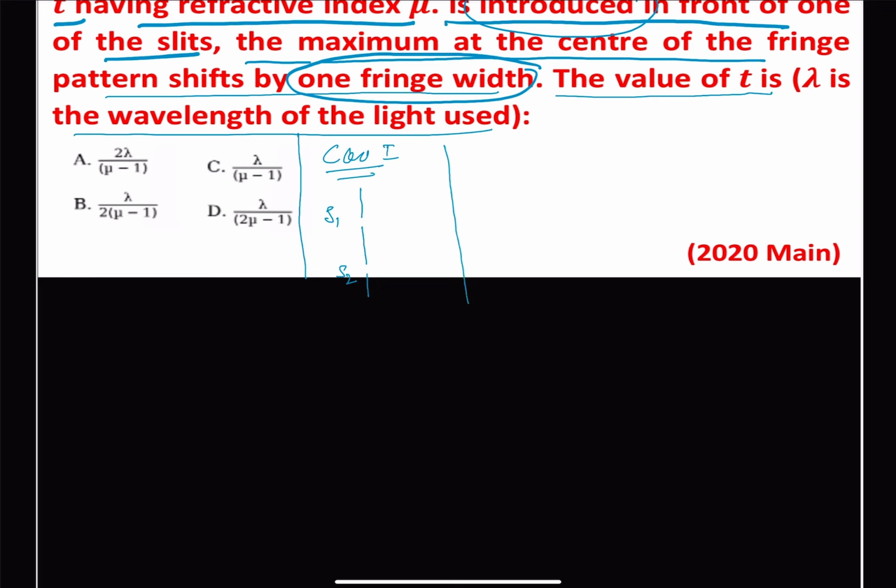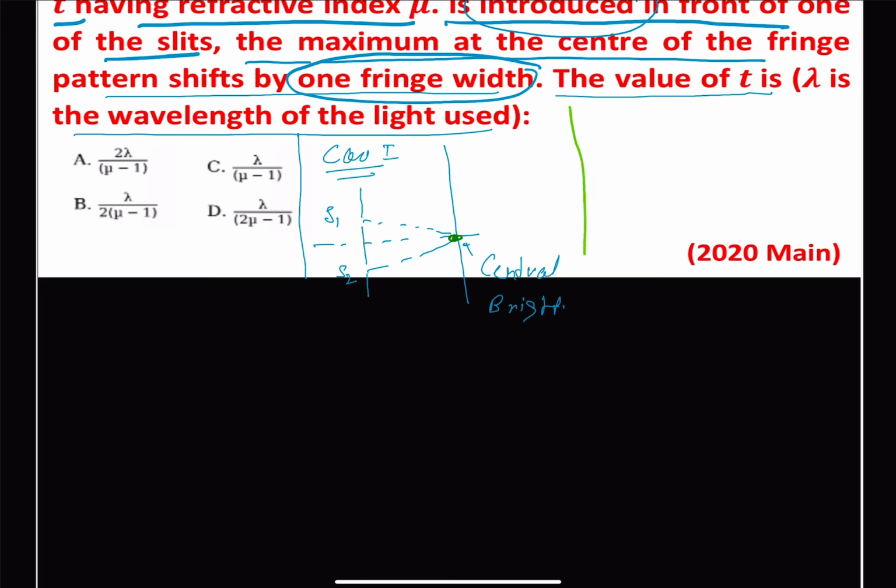We are having a screen, and at the center, which will be the maximum bright, we can say this is our central bright. This particular point.